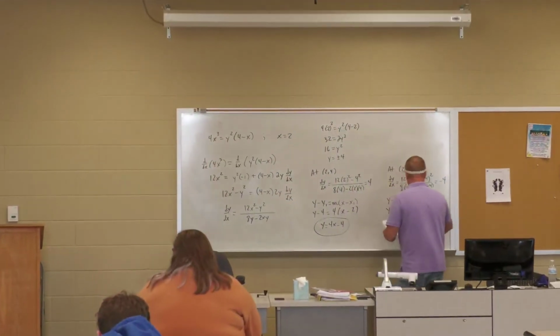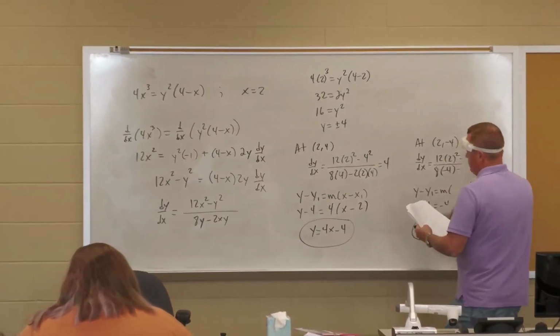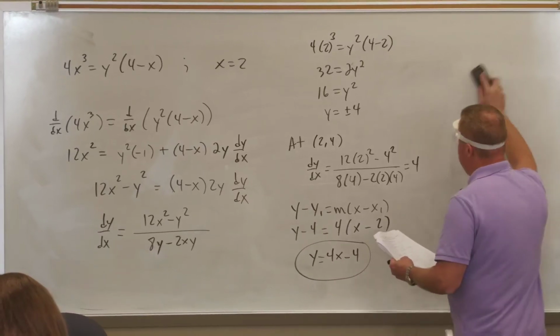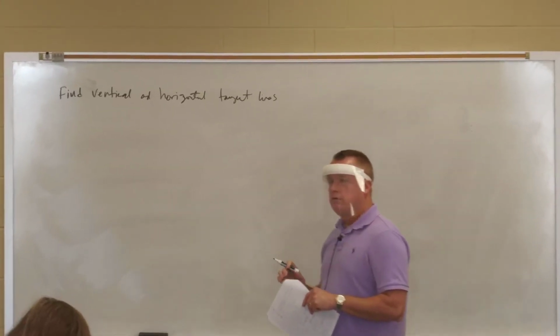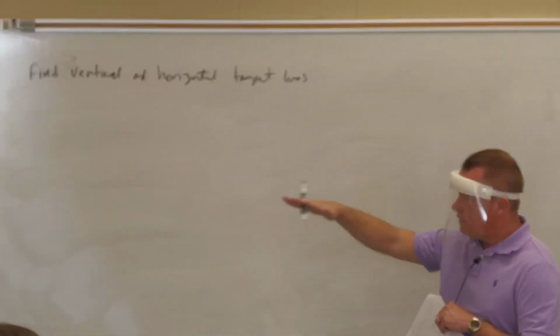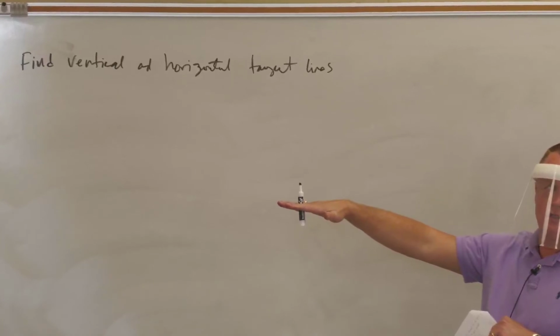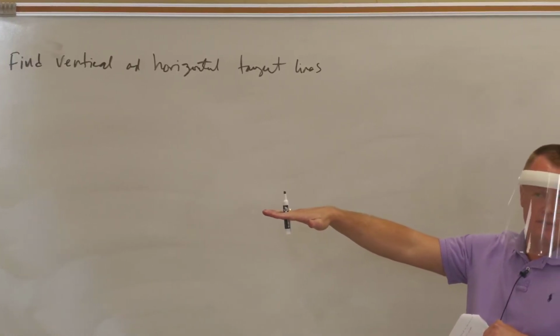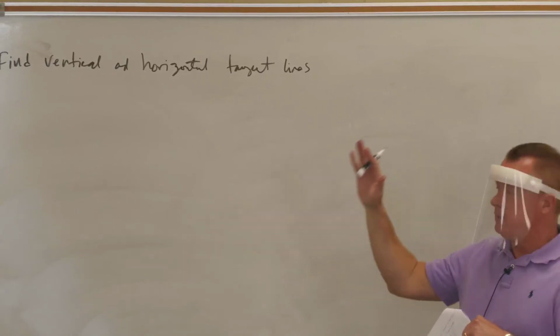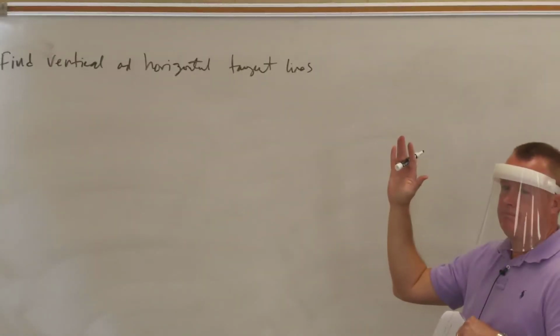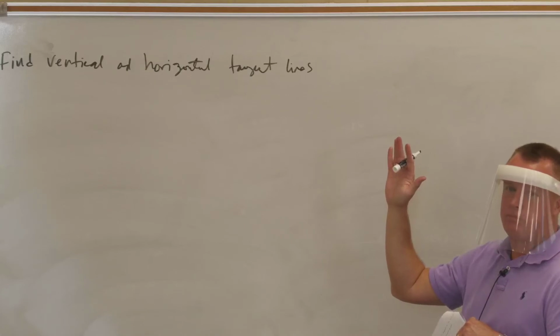All right, next question says, find the equations of the vertical and horizontal tangents of the ellipse. Okay? So to be a horizontal tangent line, what does the slope have to be? 0. To be a vertical, what does the slope have to be?